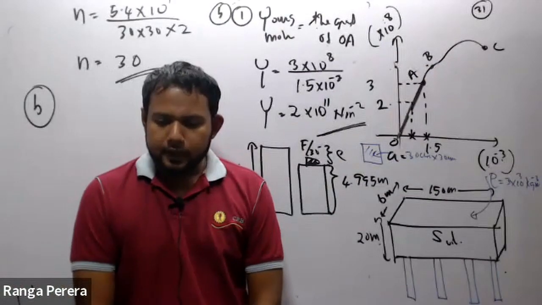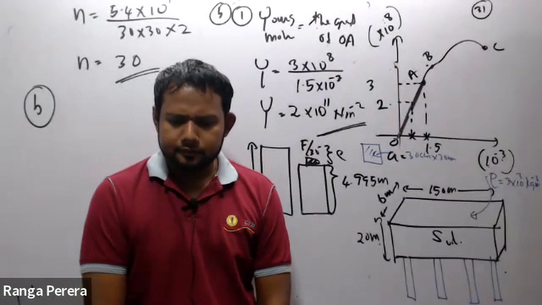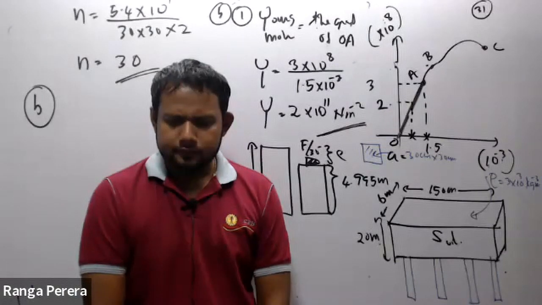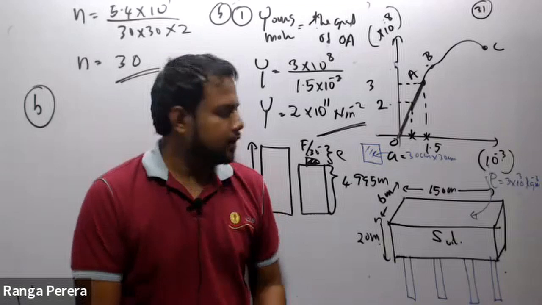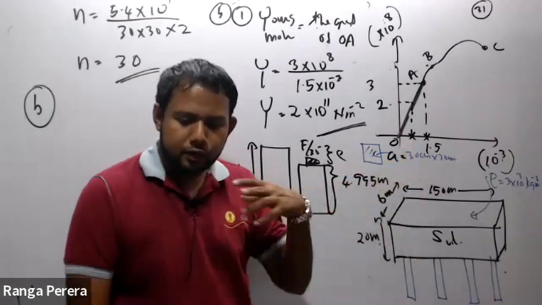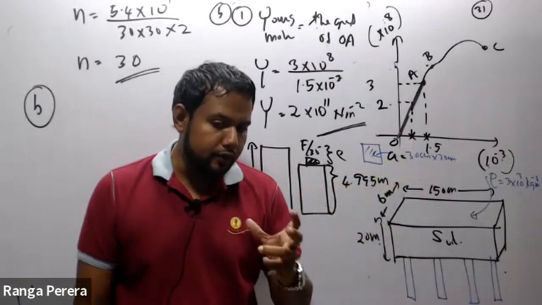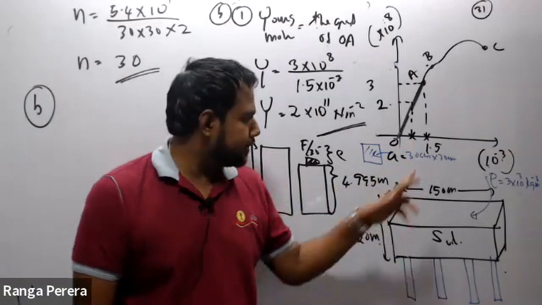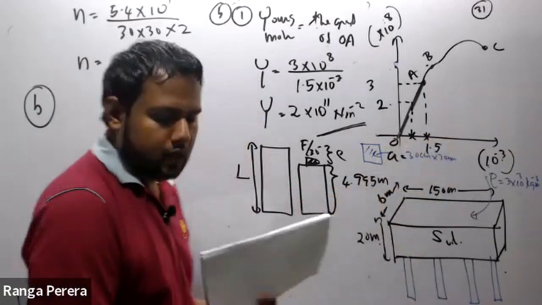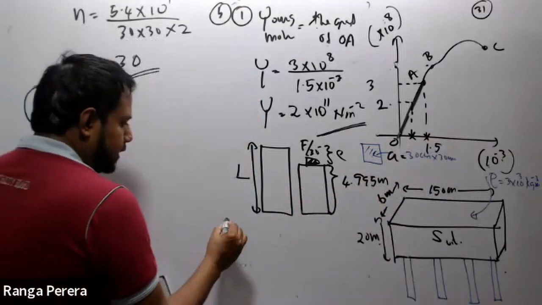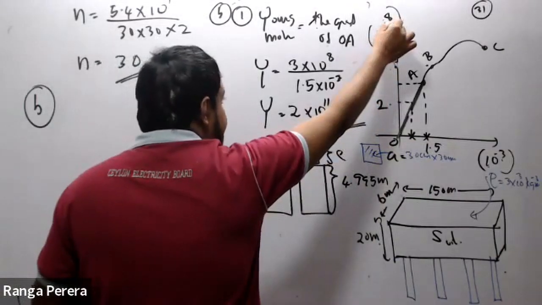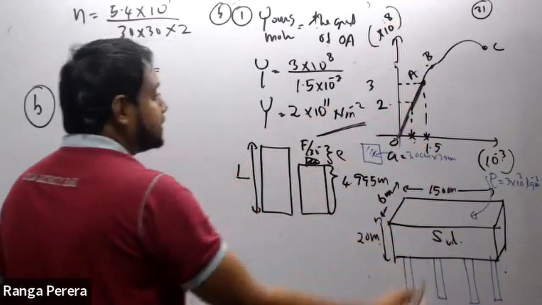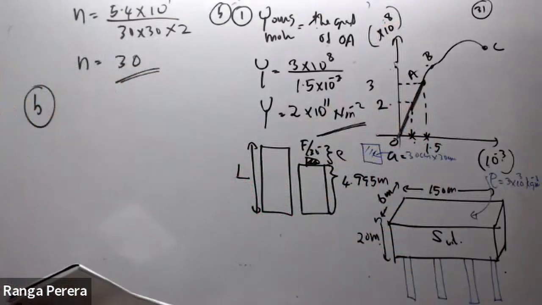What is the value, Lamai? Yes, 1 × 10 to the power minus 3. So I know the strain now. Look at how we get the answer based on the graph. You can write there: the strain when the stress is 2 × 10 to the power 8 is 1 × 10 to the power minus 3.